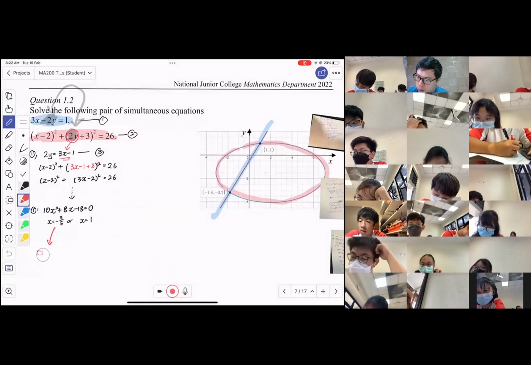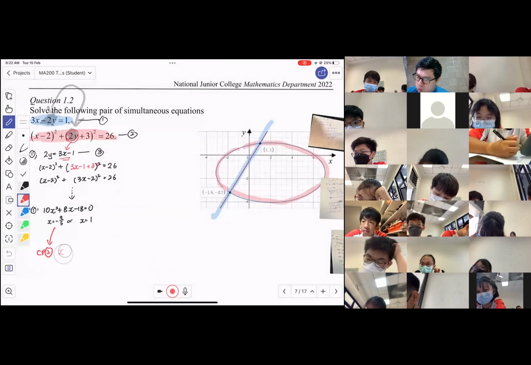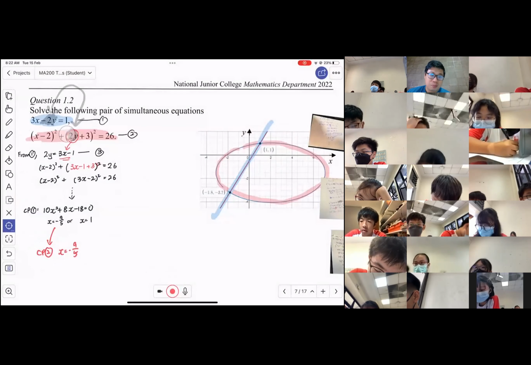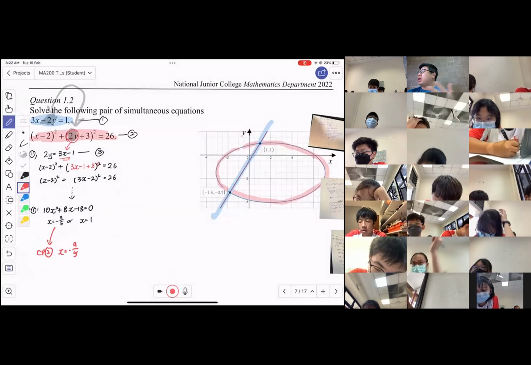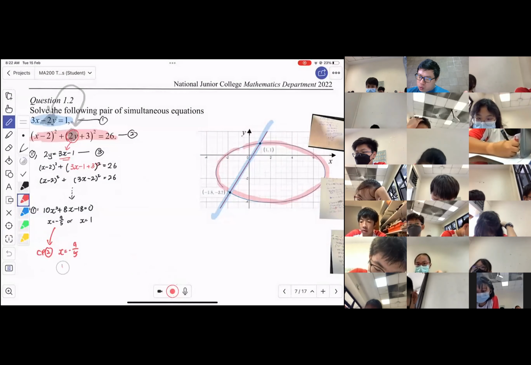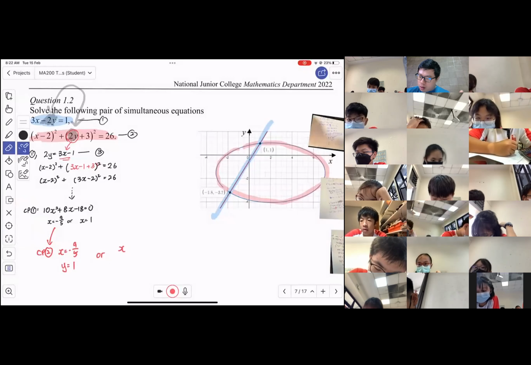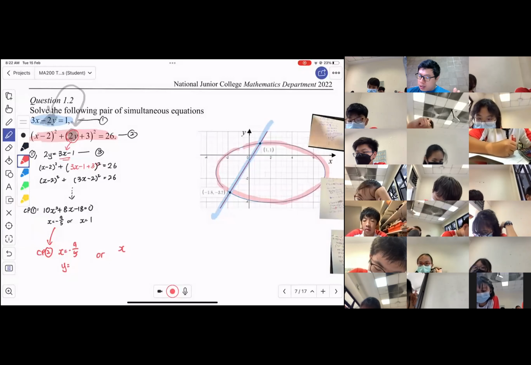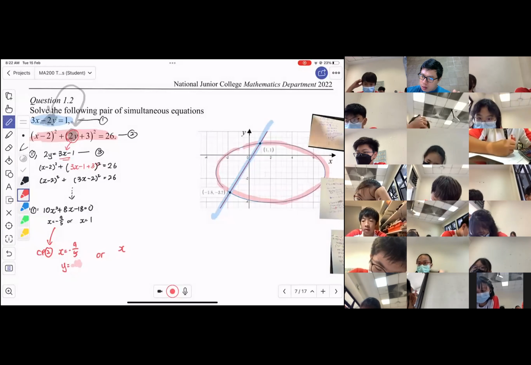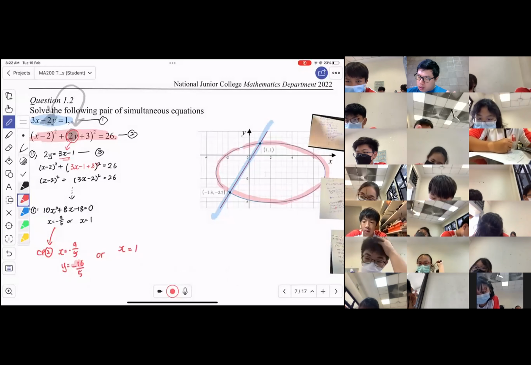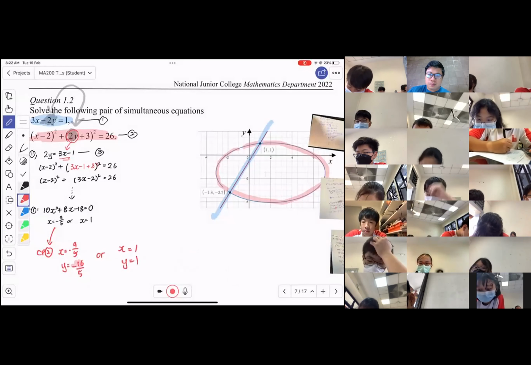Checkpoint 2, when x equals negative 9/5. Just substitute this back into the equation. You should be able to get your answer, which is y equals negative 16/5, or x equals 1, y equals 1.